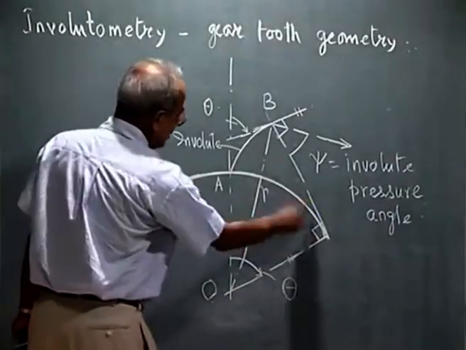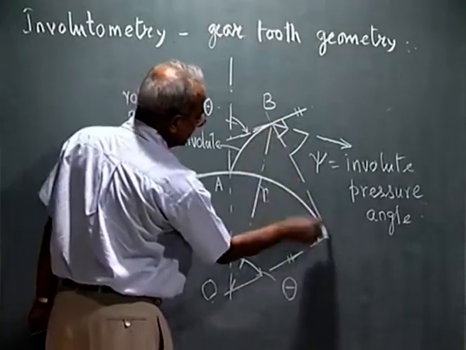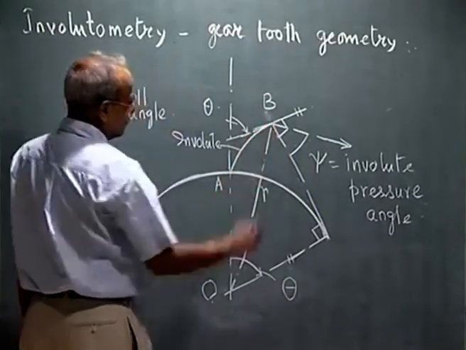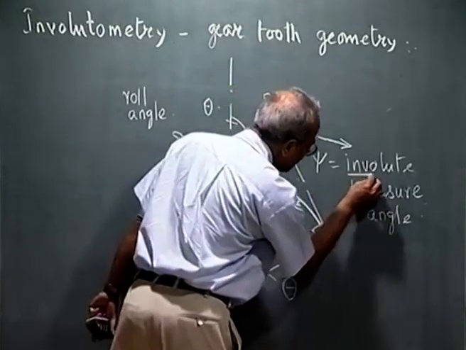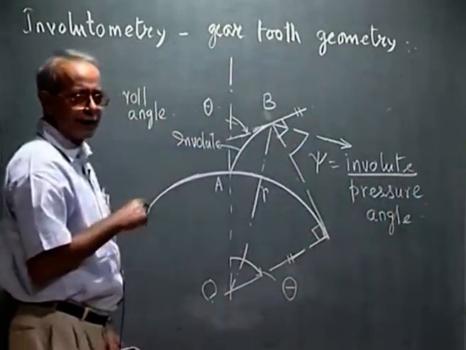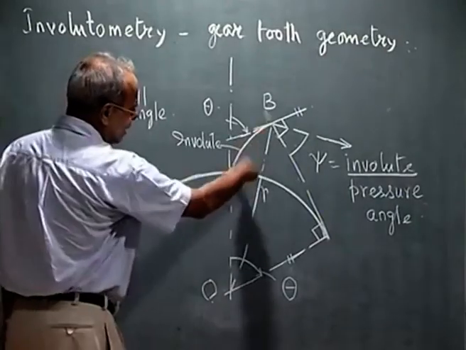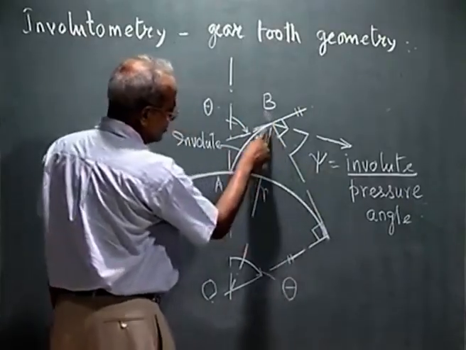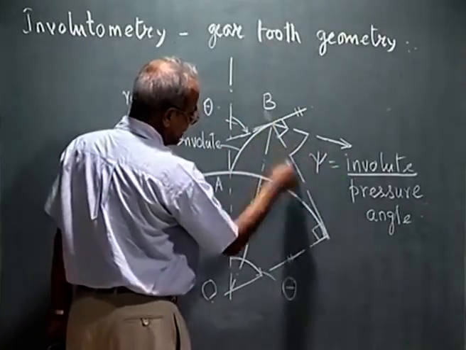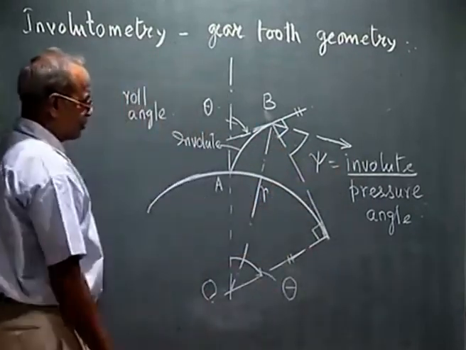This is the angle between the line which is perpendicular to OB and the string at this configuration when you have reached up to the point B. Please note that this is not the operating pressure angle which we discussed in case of a pair of gears. This is only one gear we are talking of, one involute, and this particular angle between the direction of the velocity and the direction of the normal to the involute, I call the involute pressure angle.